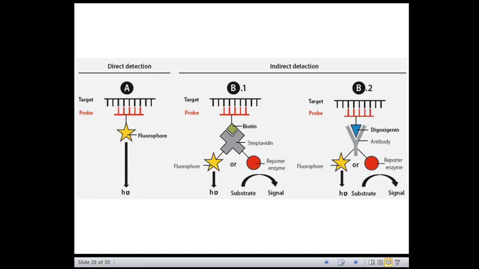In indirect labeling, which is more popular at present, this technique relies on the incorporation of a nucleotide which has a label attached to it, and at present there are three most used labels.